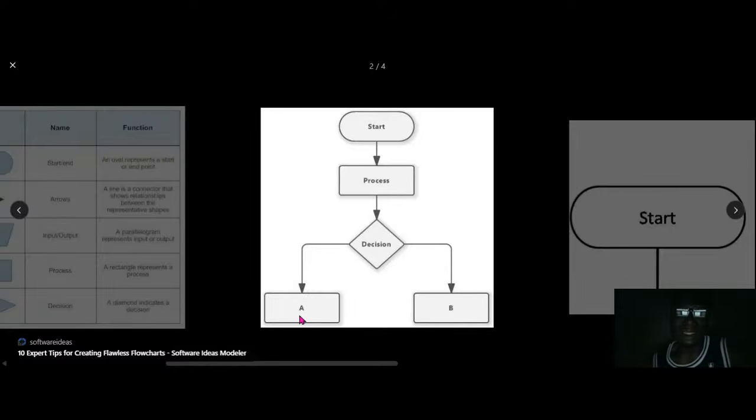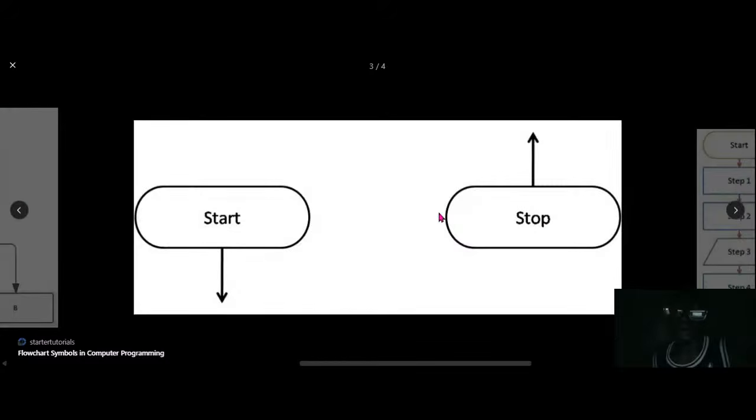I can also have more processes, more rectangles to show more processes. So from start to processing to decision, and then the thing can go on and on until you get to the last point.